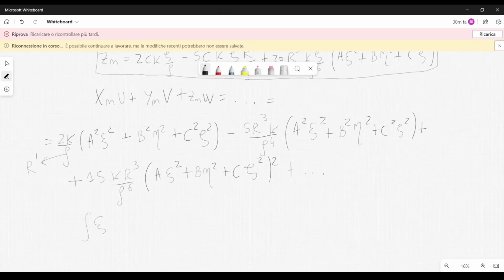We have the integral of xi squared ds, which is equal to integral from 0 to 2 pi, integral from 0 to pi of r prime squared, cosine squared theta, sine squared phi. So I have simply rewritten this component, which is the x component if you want.